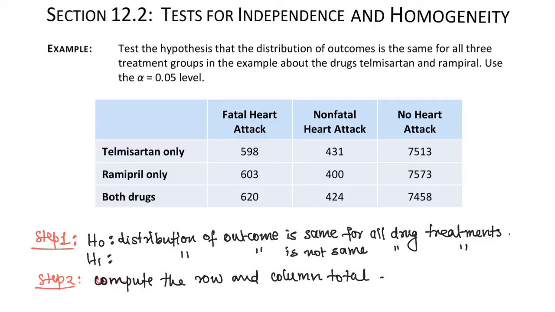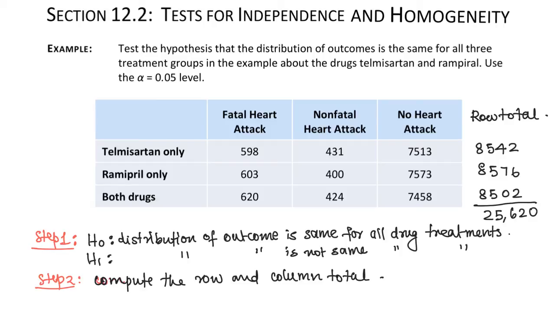Now compute the column and row total. Then calculate the expected frequencies. So row total. If you add everything, you will get the grand total, and add the column total.